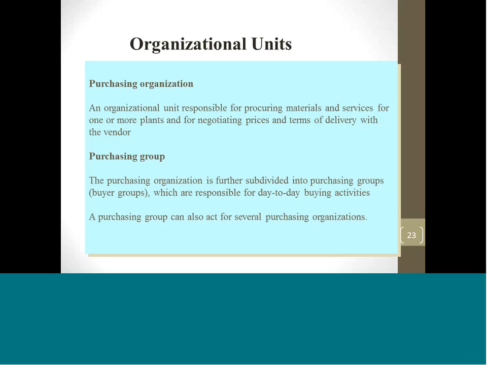One team buys only steel, another buys only chemicals, another buys other miscellaneous raw materials. Then one or two people handle office material like pen and paper. So these are the different purchasing groups responsible to buy a particular material.